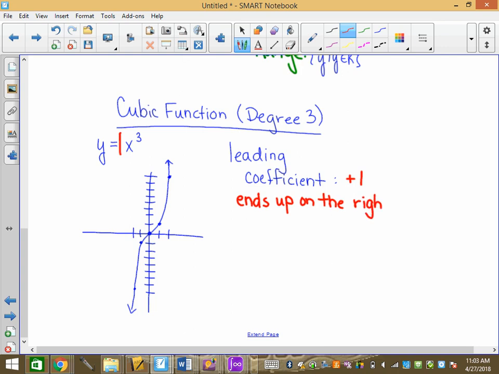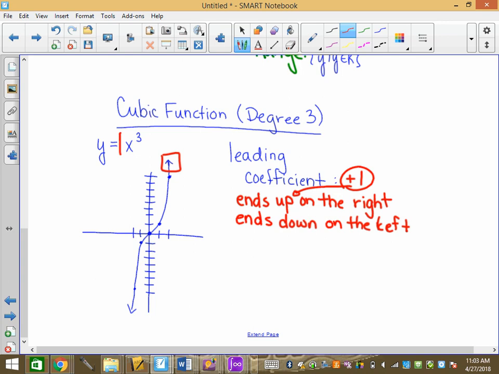And because it's an odd function, it's degree 3, it ends down on the left indirectly. Because they have to end in opposite directions, right? So the positive means it ends up on the right. Boom. Indirectly, that means it ends down on the left because it's an odd function, the arrows are in opposite directions. Okay?